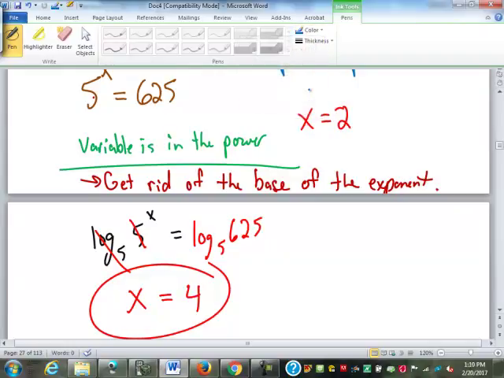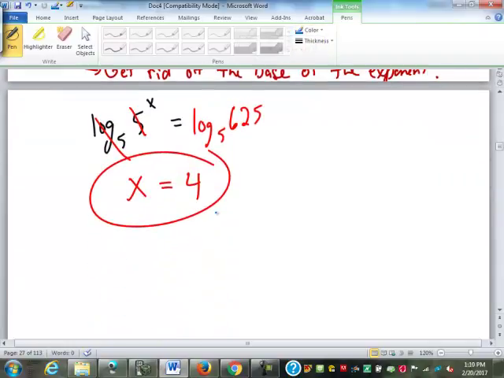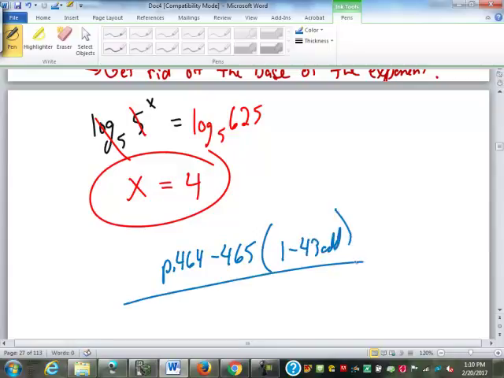So for today, I'm going to hand out a packet, and in this packet, page 464 through 465, 1 through 43, the odd, deals with these rules of powers and rules of roots. I also want you to take a look at page 469.